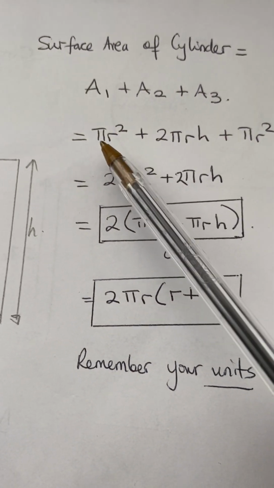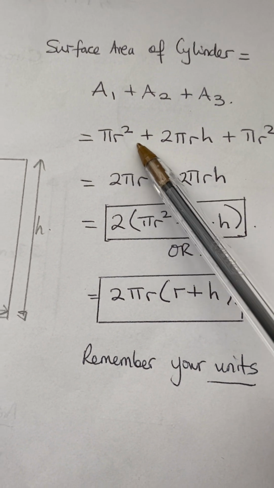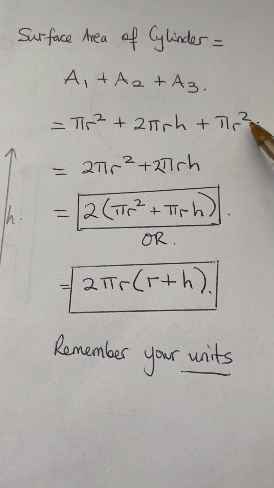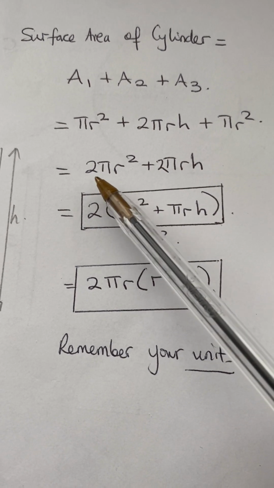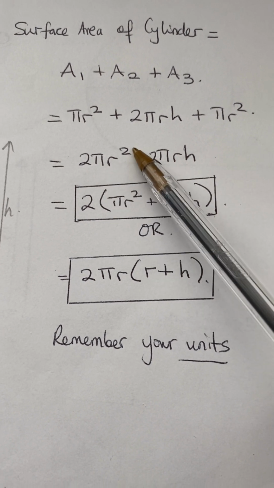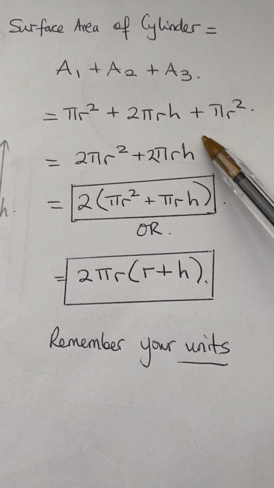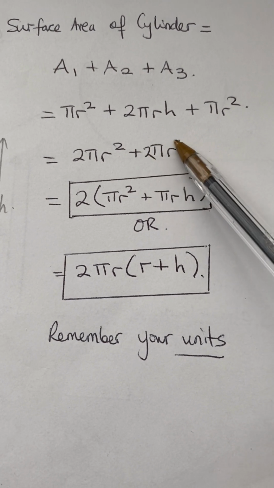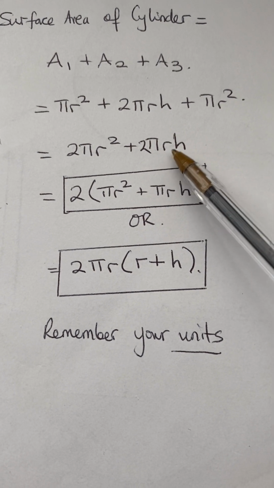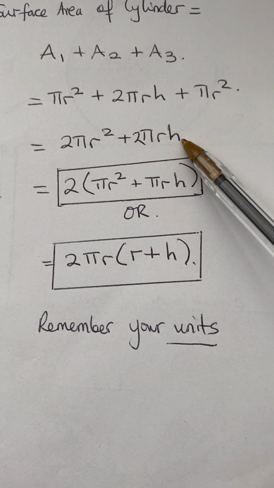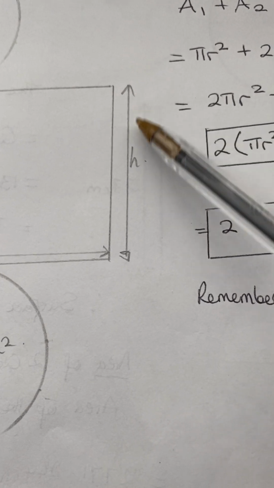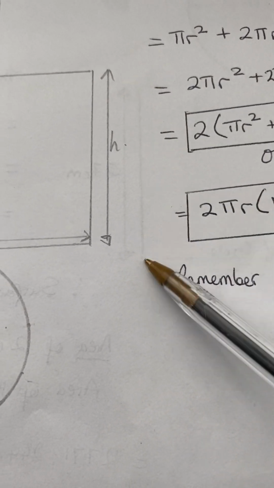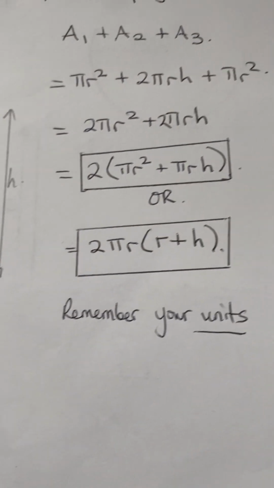Now, if you add pi r squared to pi r squared, you are going to get 2 pi r squared. Then you have the rectangle bit, which is the circumference, 2 pi r, times the height of the cylinder.